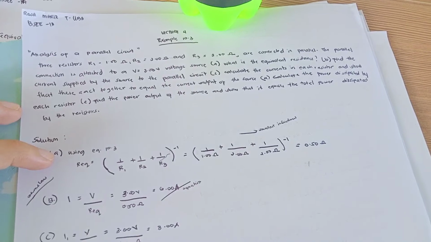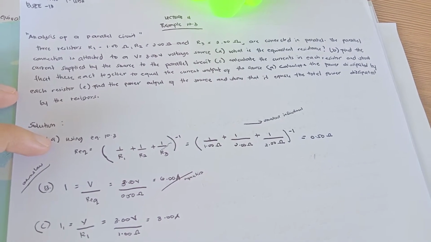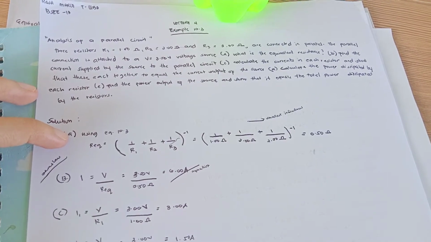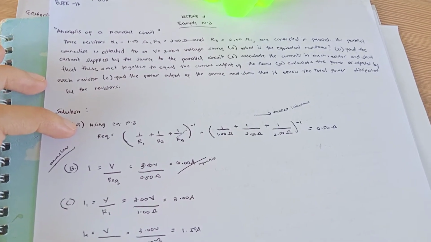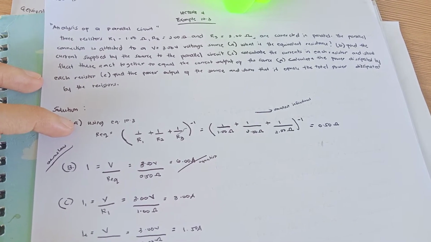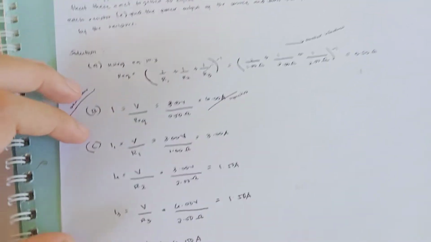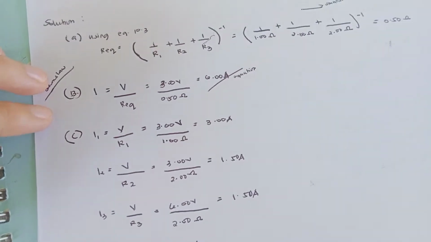For D, calculate the power dissipated by each resistor. And for E, find the power output of the source and show that it equals the total power dissipated by the resistors.